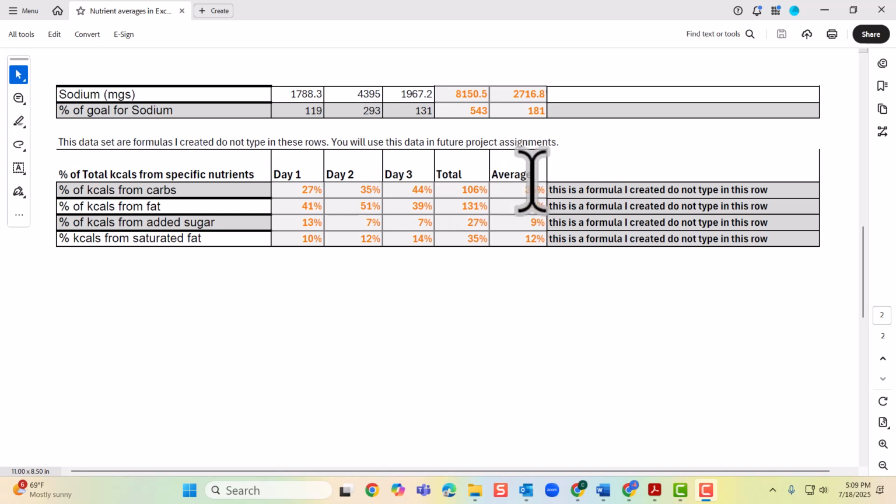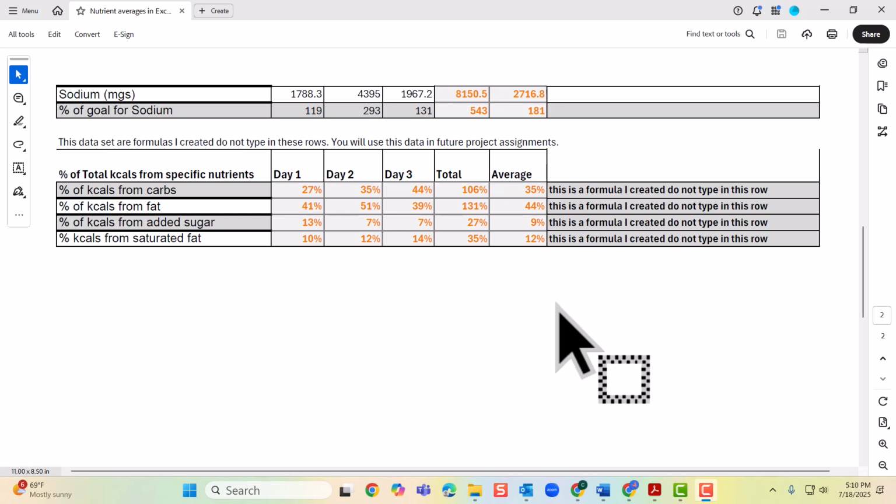If I were to ask you, what was your average percent of calories from carbs? Again, you're looking at the average column. In this case, we have an individual who only averaged 35%. That is not within the desired range. And so when you're analyzing this, you're comparing it to what is recommended. Did I have too low?